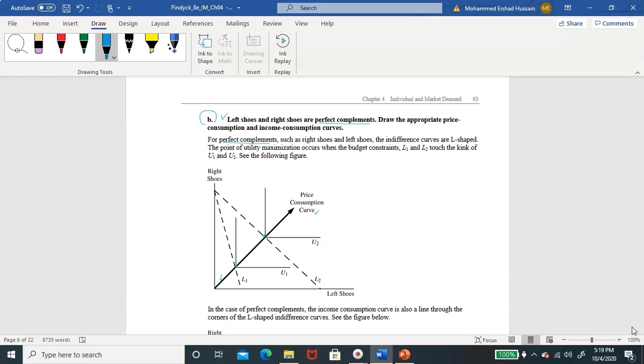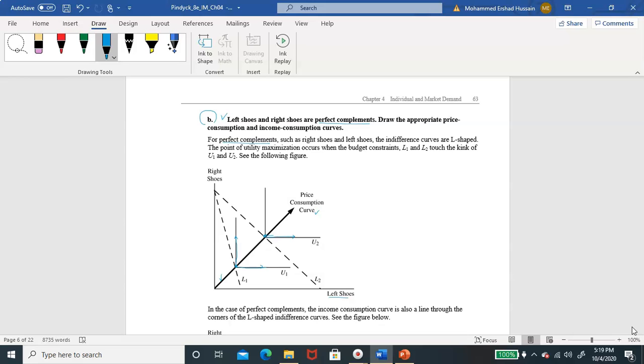L1 here. This is his utility, but if he is buying left shoes alone, his utility is not increasing. He's still on the U1 indifference curve. If he is buying right shoes alone, again his utility will not increase. Now here also, utility is increasing in this direction.